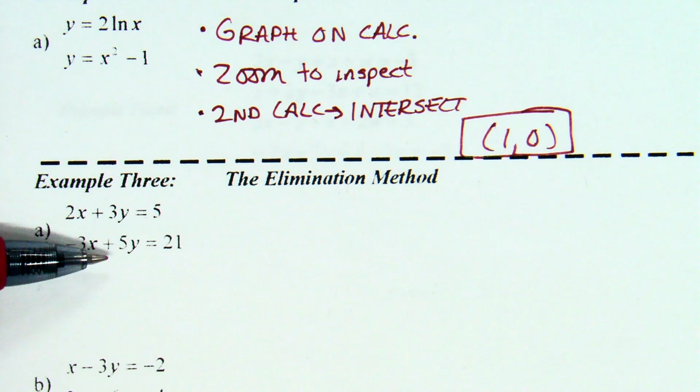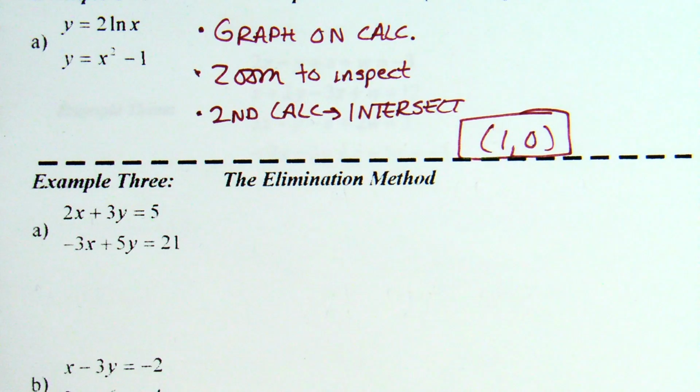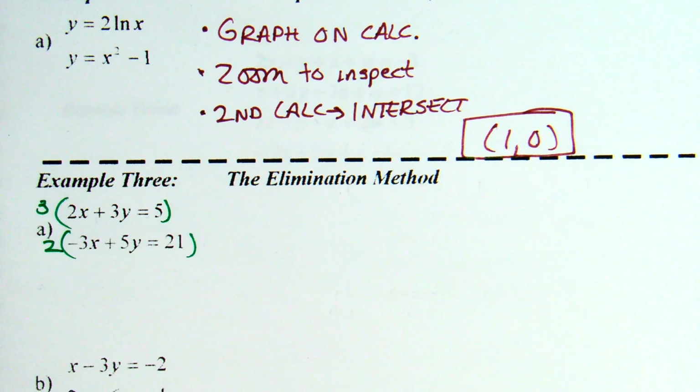Opposite signs tell me I need to add these. 6x plus negative 6x cancels. 9y plus 10y, 19y. 15 plus 42, 57. Divide by 19. What is 57 divided by 19? 3.